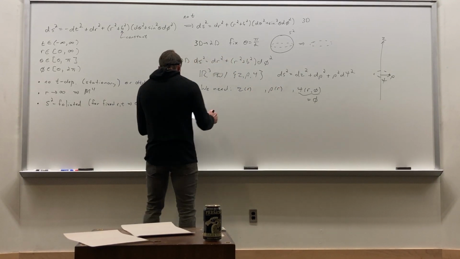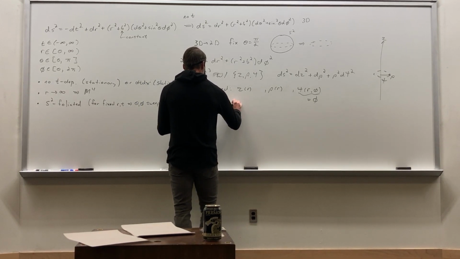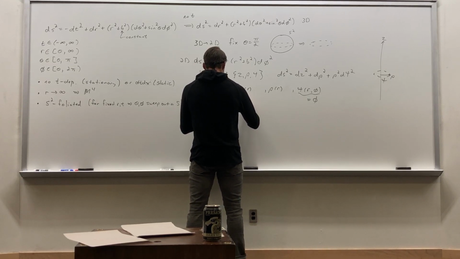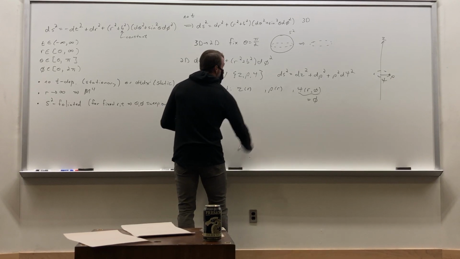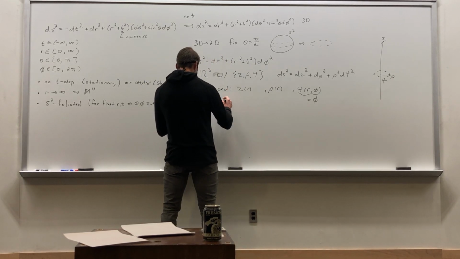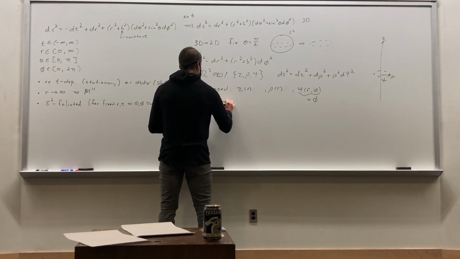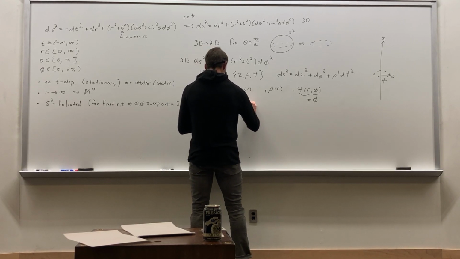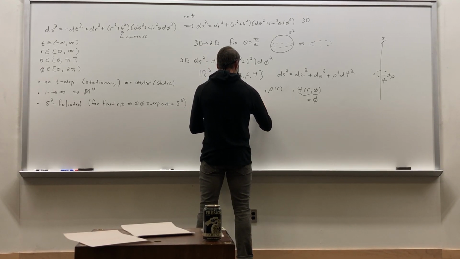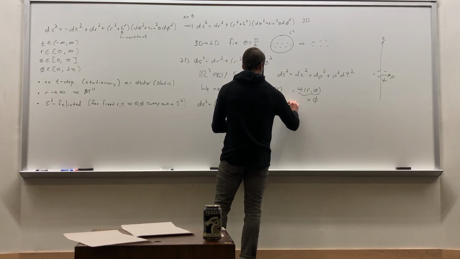So in order to find those, we can plug this into the metric. I'm going to write this metric in terms of these functions. So this is going to be (dz/dr) squared dr squared plus (d rho/dr) squared dr squared plus rho squared d phi squared.